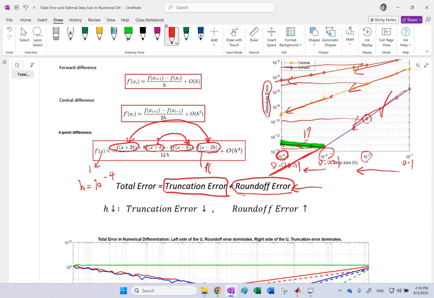One is f at x minus 2h, so it is 0.9998, and this one is f at 1.0002. So you see, I'm subtracting f at 2 points that are very close to each other.